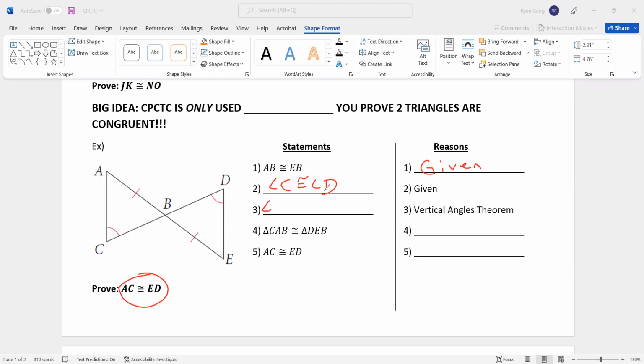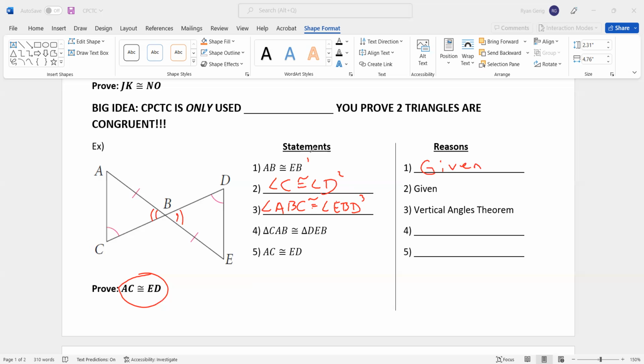I'm going to say angle ABC is congruent to angle EBD. So that's 3 things, right? 1, 2, 3. I'm going to go ahead and mark the last one there.